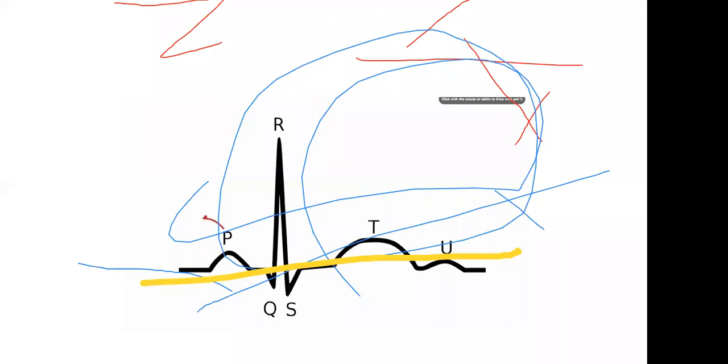From here up to the start of the R wave. The start of the R wave can also be a Q wave, but in some ECGs, normally the Q wave is absent, so we are talking of the R wave then. That's why the name PR has been given, not PQ.